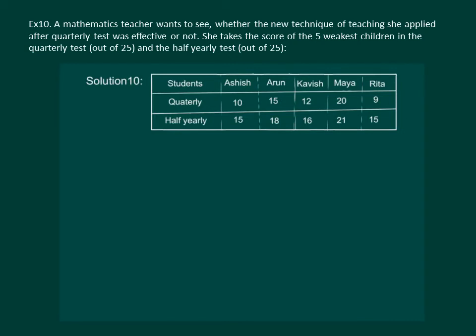Let us read the question. A mathematics teacher wants to see whether the new technique of teaching she applied after quarterly test was effective or not. She takes the scores of the 5 weakest children in the quarterly test and in the half-yearly test and draws a double bar graph.